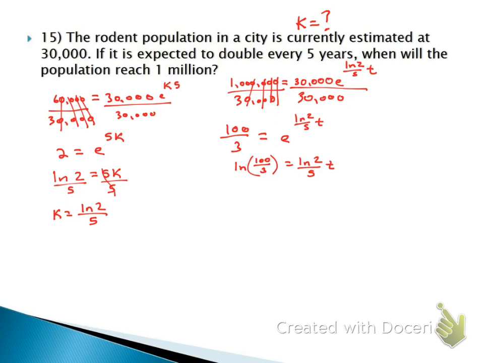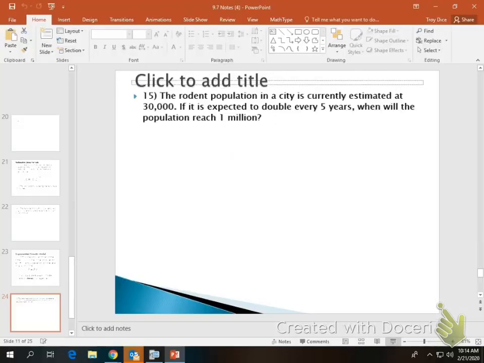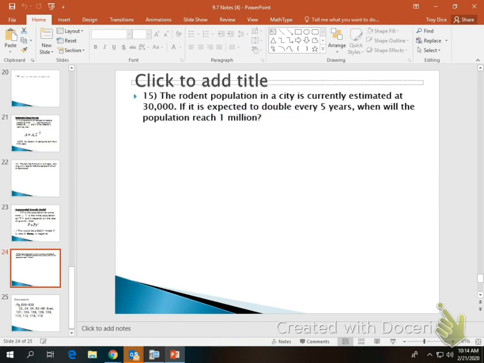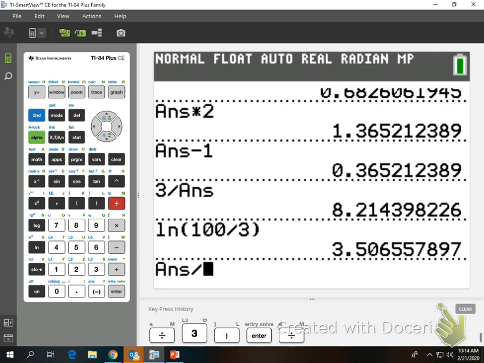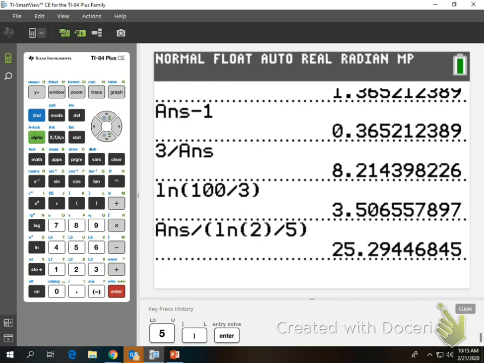We're going to find the natural log of 100 divided by 3, and then divide it by the natural log of 2, close that parenthesis, divided by 5. It's going to take 25.294 years.